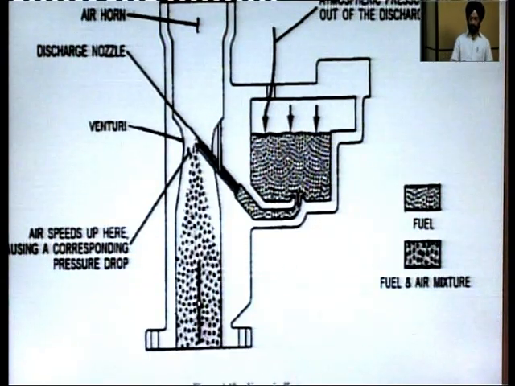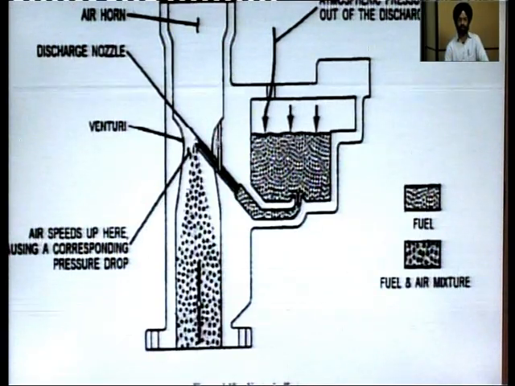This is the main part, the barrel, which is getting fuel supply from a fuel tank or a float chamber connected to the fuel tank. This is the choke, which normally remains open, and the most important area is here. This is the venturi, the restriction caused in this.